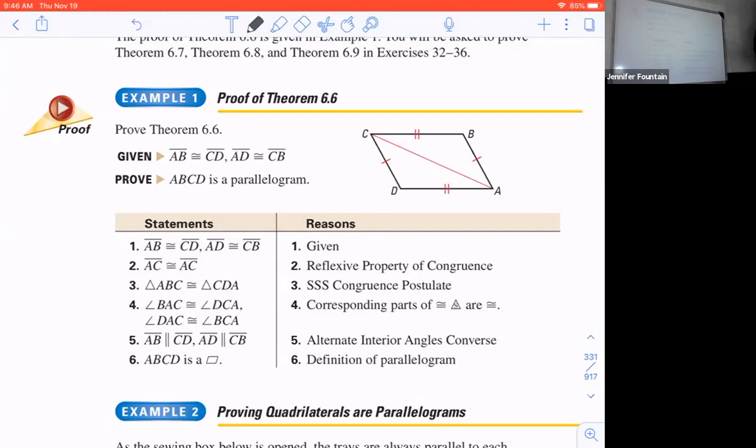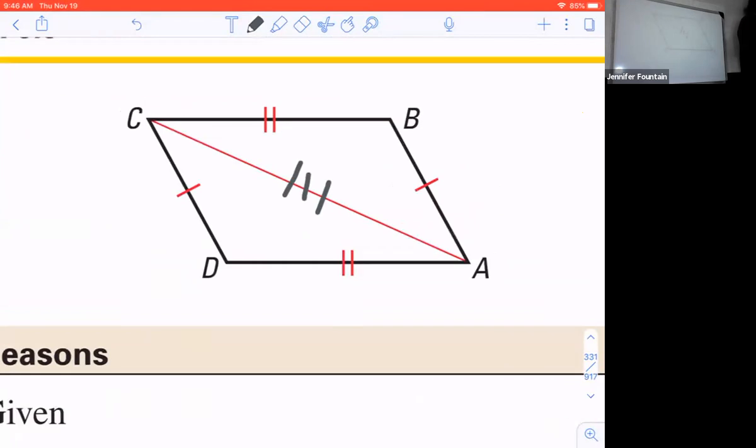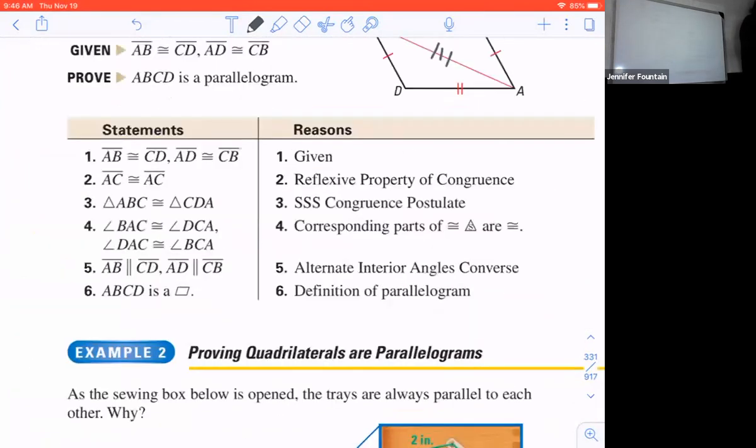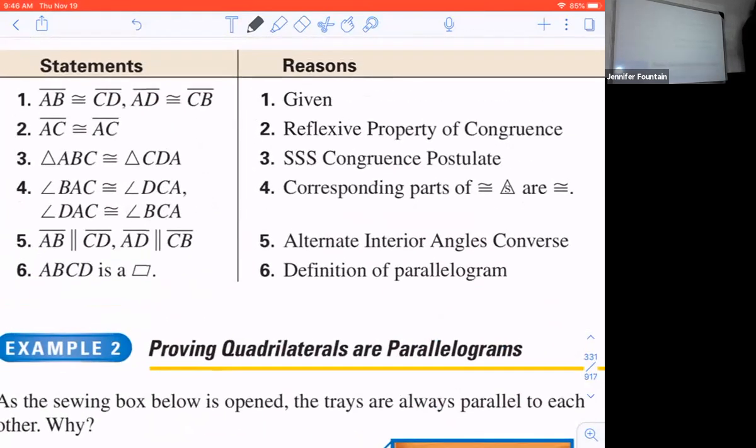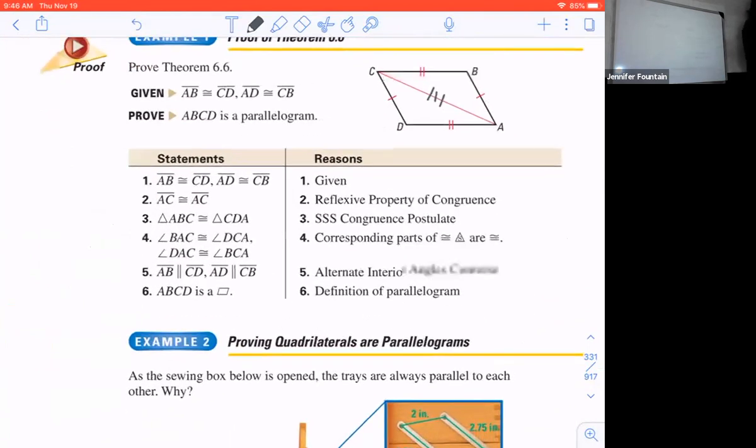Now, if I know that this side is congruent to itself, I have side, side, side congruence. So then, because I have side, side, side congruence, I know that angle BAC is congruent to angle DCA, and angle DAC is congruent to angle BCA. That's because corresponding parts of congruent triangles are congruent.